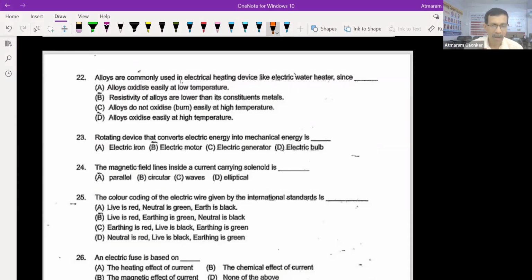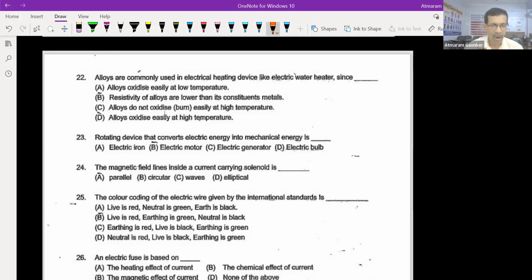Alloys are commonly used in electrical heating devices like electric water heater. Why is alloy used? The alloys are used because alloys do not get burned at high temperature and do not get oxidized.